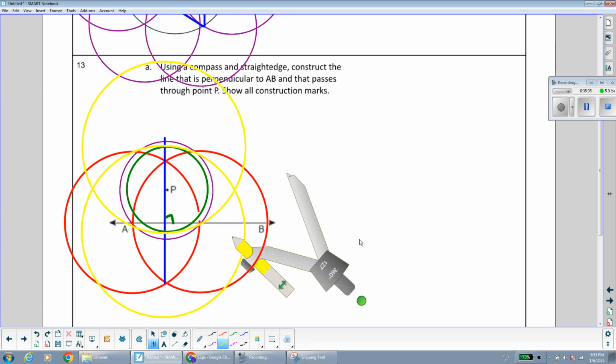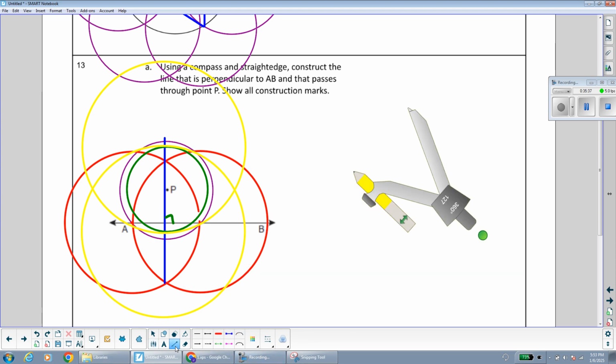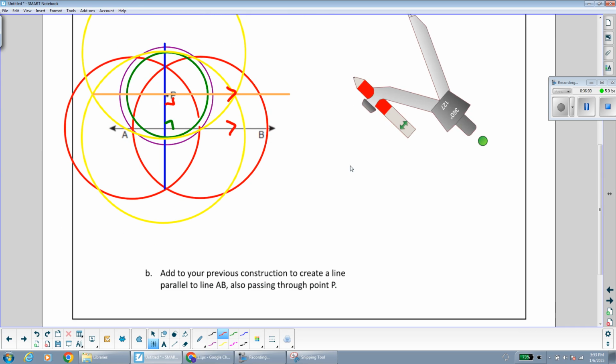And I'll use a different color line to connect between the two intersection points. I'll make it a bit longer, I'll just extend it. As you can see here, it's perpendicular to the blue line, and it's parallel to the original. And that's it. It's just two perpendicular lines through the same point.